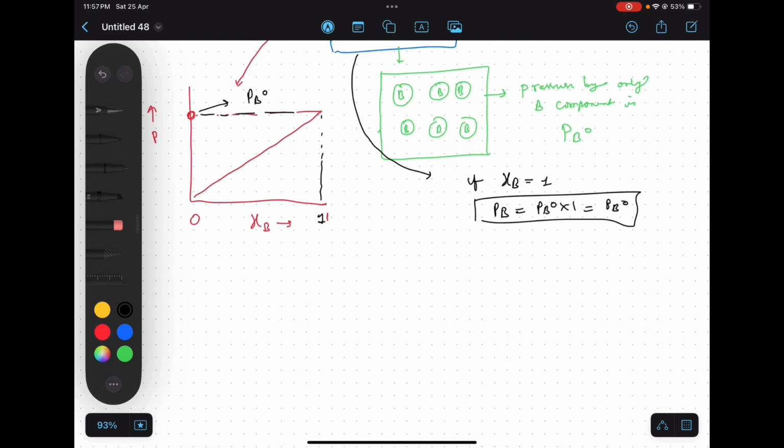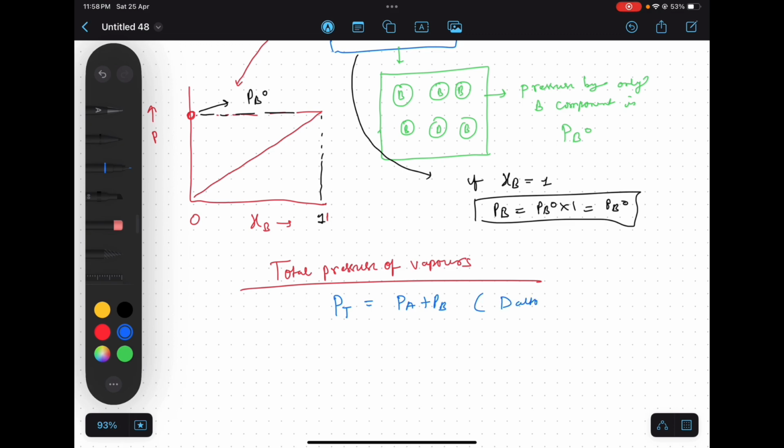Moving further, we can also write the total pressure of the vapor phase as PT, which will be the sum of PA plus PB, because we have only two components contributing. We write it as the sum of the partial vapor pressures of both components, by Dalton's law of partial pressure.